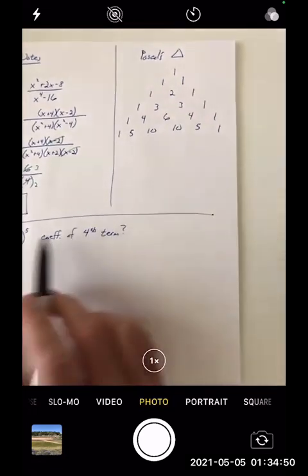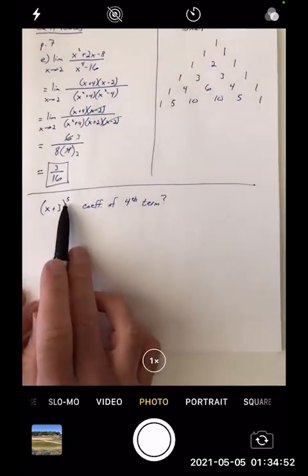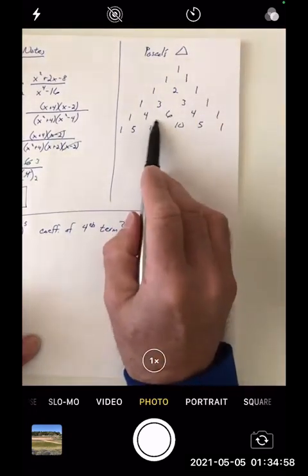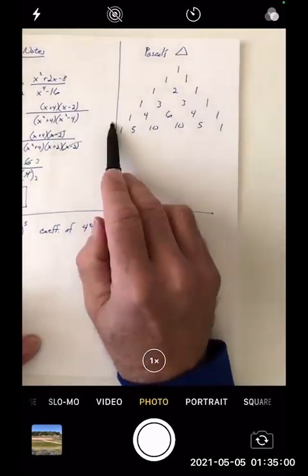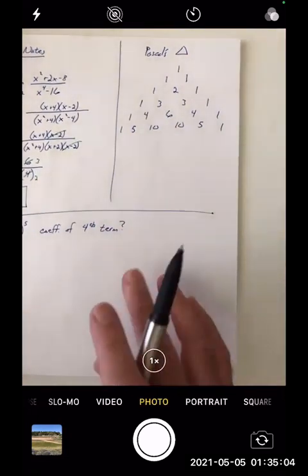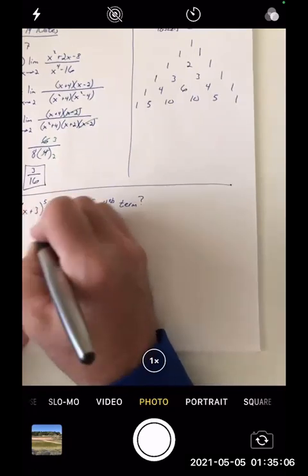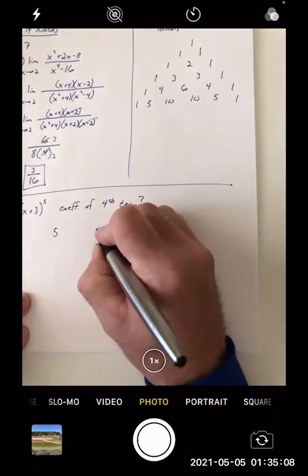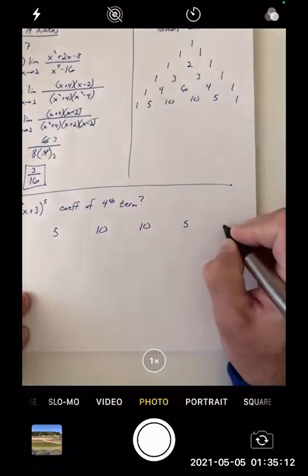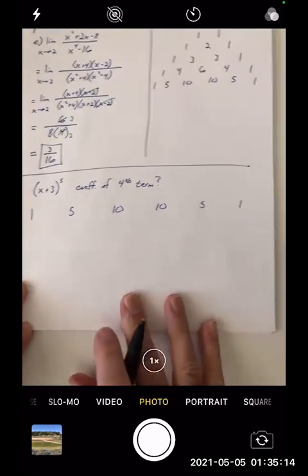All right, so it is x + 3 to the 5th, right? Yes. Okay. All right, so that means we're going to be choosing this row. That's 1, 5, 10, 10, 5, 1.